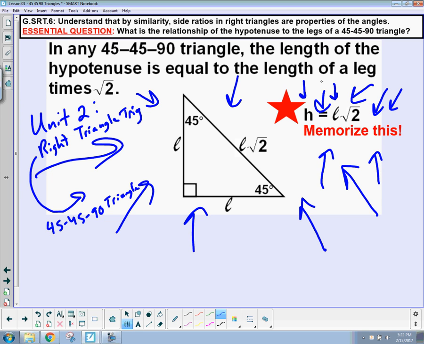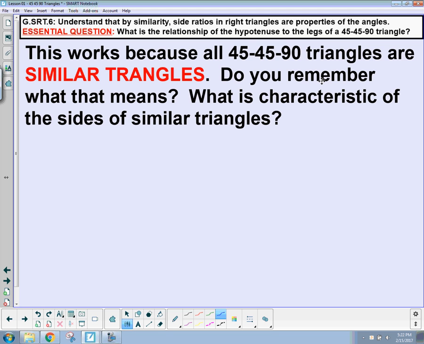So this works because all 45, 45, 90 triangles are similar triangles. Start getting used to these terminologies. We're going to be using them. You remember what that means? What's the characteristic of the sides of a similar triangle?